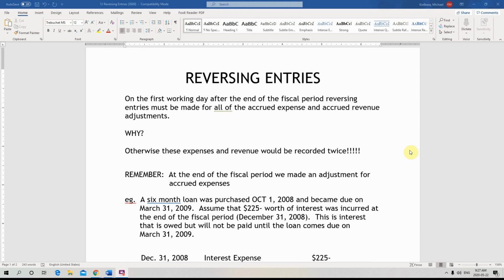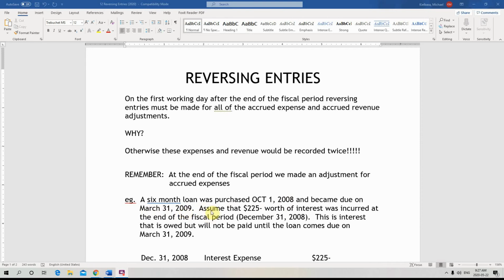Now, let's assume that a 6-month loan was purchased on October 1st, 2008, and it's going to become due on March 31st, 2009. So October, November, December, January, February, March.